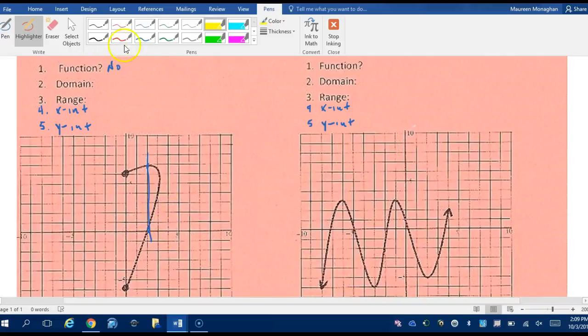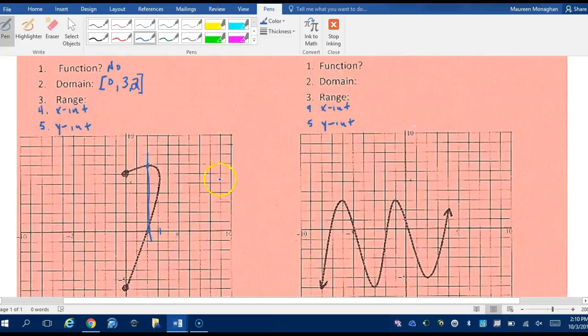So I would say that the domain starts at 0, inclusive. Remember, you use the bracket if it's inclusive. And it looks like it goes a little bit beyond this point. I'm going to say 3.7 inclusive. Or wait, 1, 2, 3. Nope, not 3.7. That's more like a 3.2.